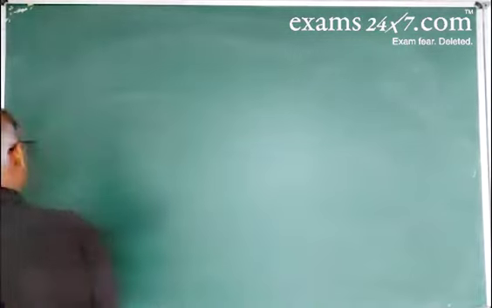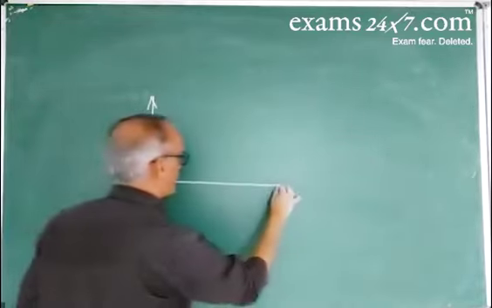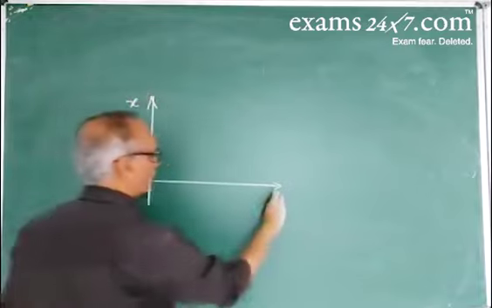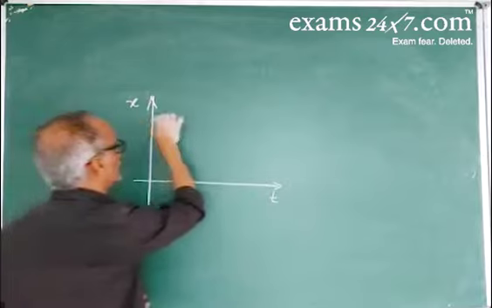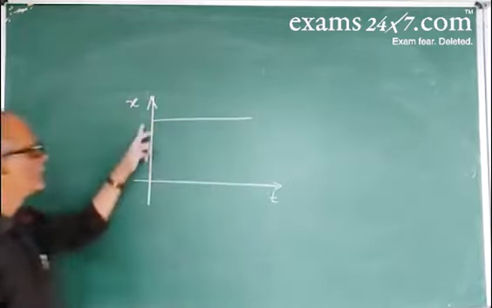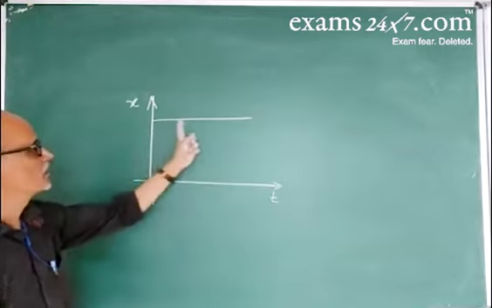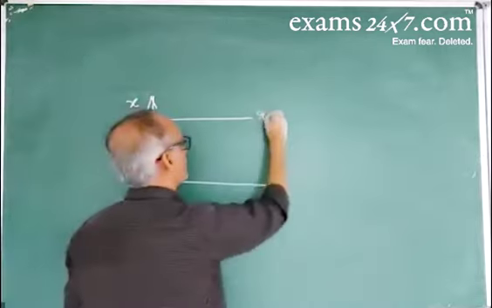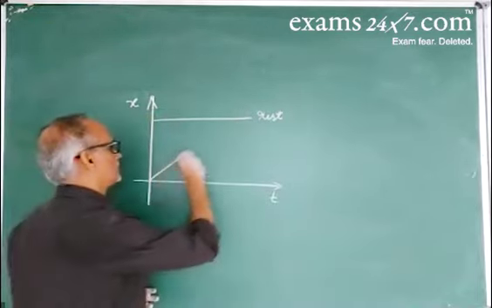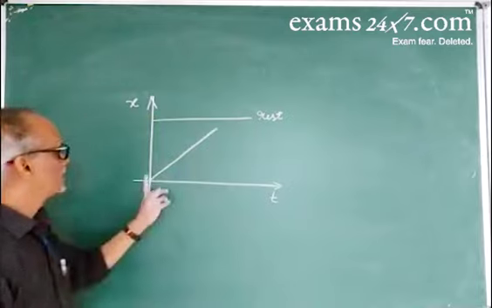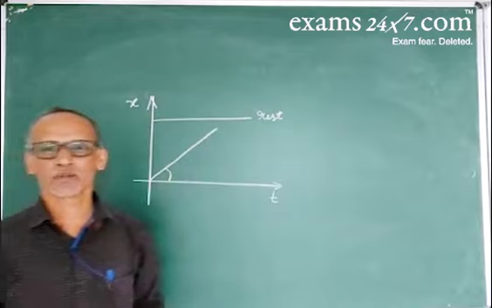The case of position time graph, XT graph. Here, as time increases, there is no change in the position. That means the body is at rest. Then there is a continuous change in the position with a constant slope.